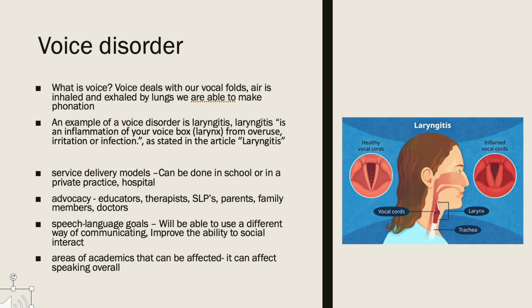Some service delivery models can be done in a school, in a private practice, as well as a hospital. Advocacy can be the same: educators, therapists, SLPs, parents, family members, as well as doctors. Some speech language goals for a voice disorder can be that they will be able to use a different way of communicating, and they will also improve the ability to socially interact with others.